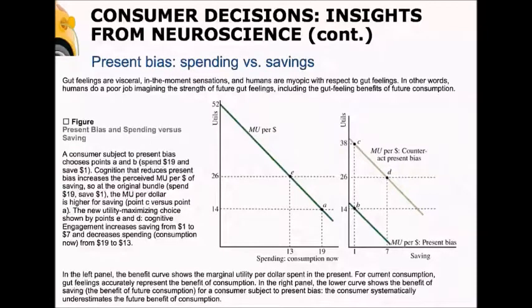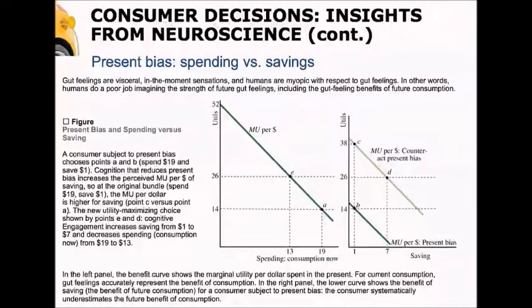If we stay at points A and B, or in other words, at 19 units of current consumption and 1 unit of savings, then we would have 38 utils per dollar for savings and only 14 utils per dollar for consumption. So we have to adjust away. We end up spending less on current consumption and saving more to points E and D, where our utils will be 26 utils per dollar across both goods. So if we can counteract our present bias, we tend to see less current spending and more savings.